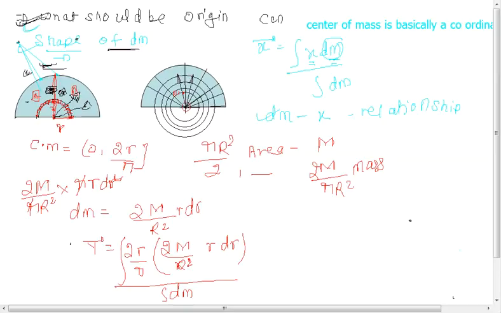Now see here, this radius. By varying the radius this way we can cover the whole space, the whole mass.